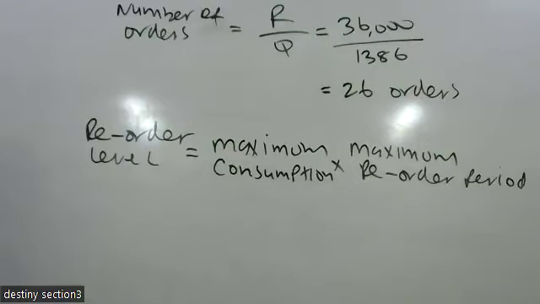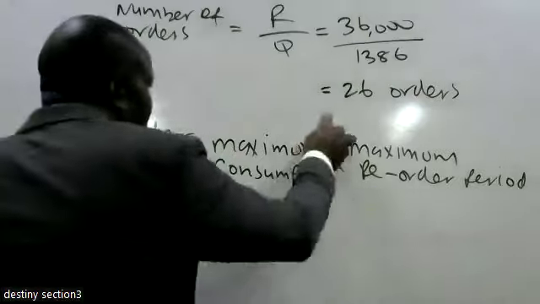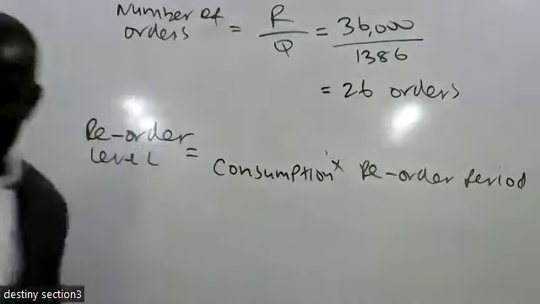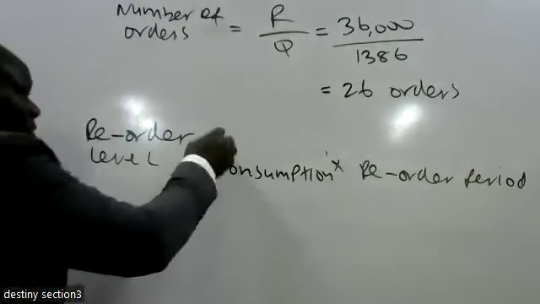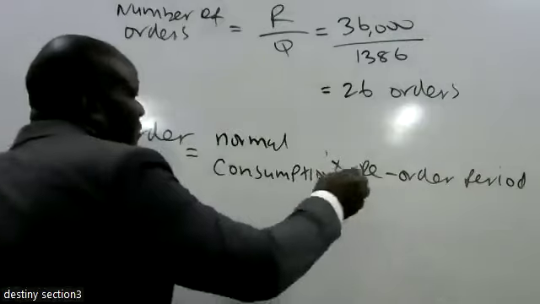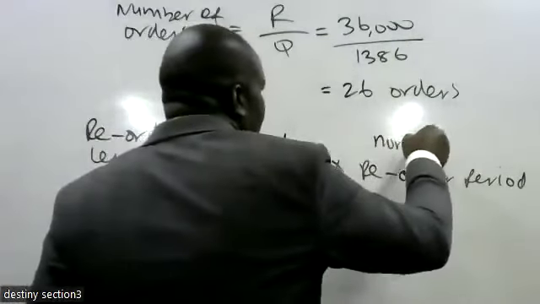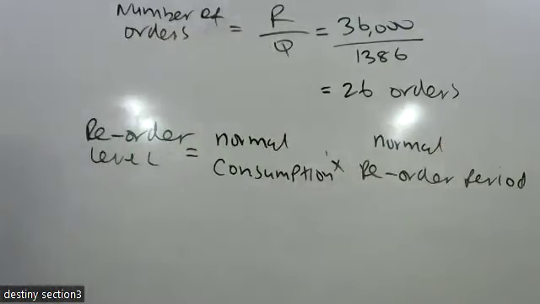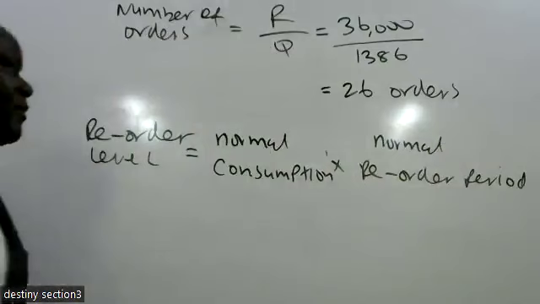Not maximum, that's what I mean. It should be normal consumption over the normal reorder period. You simply get the normal consumption over the normal reorder period.